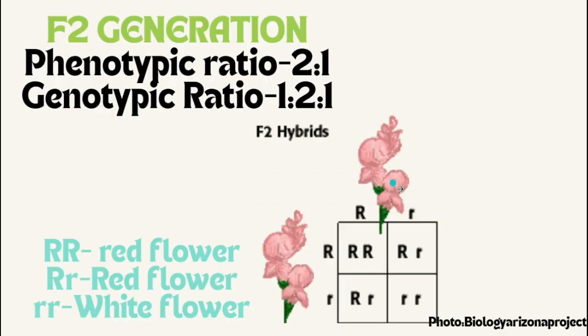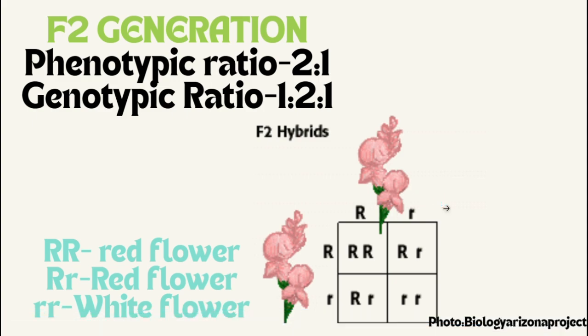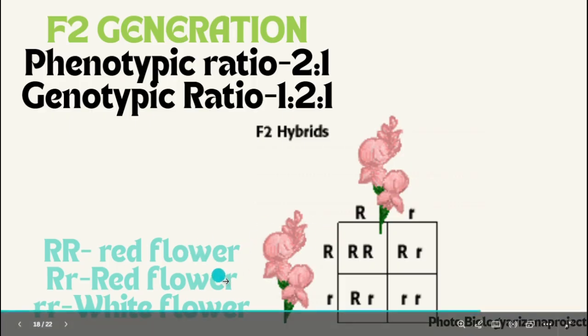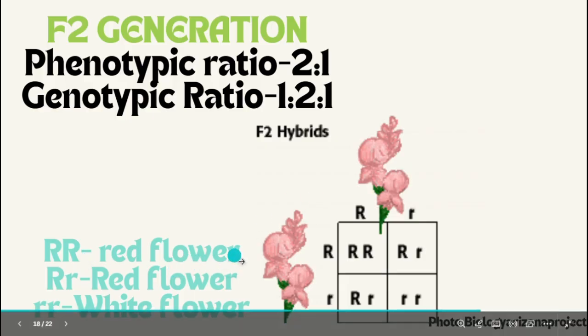Now when we go to the second generation, a heterozygous crosses with another heterozygous, in this case big R for red flowers, big R little r also for red flowers, and little r for white flowers. So red is the dominant trait, and both these genotypes code for it. Little r is white flower, which is recessive.